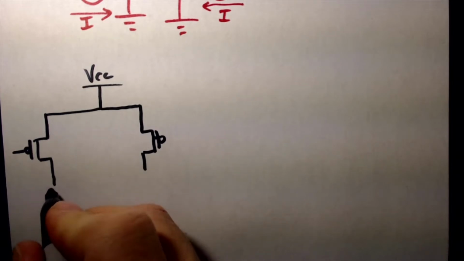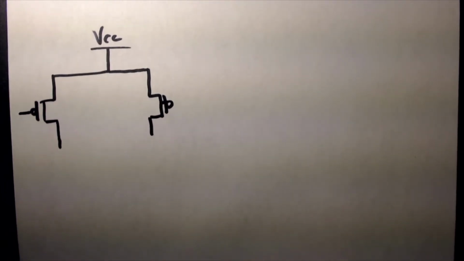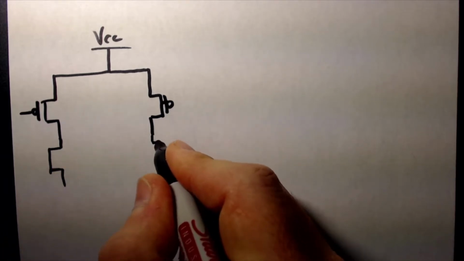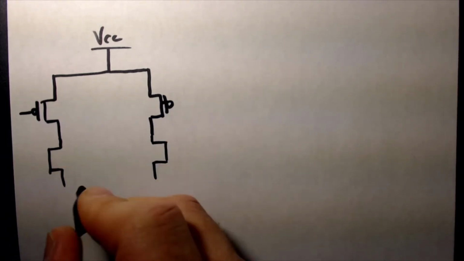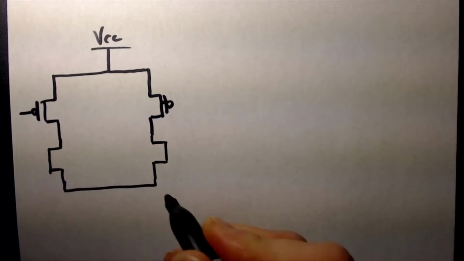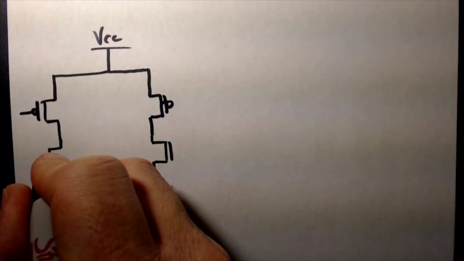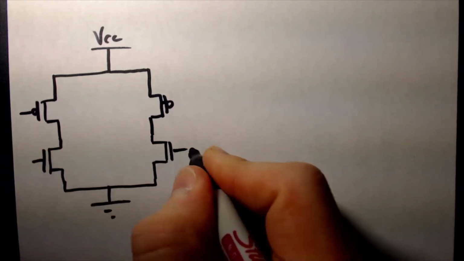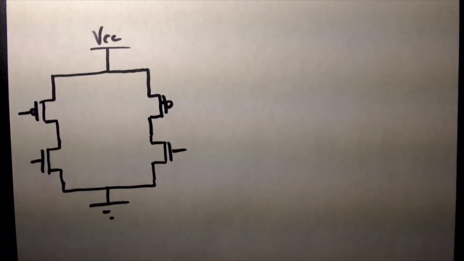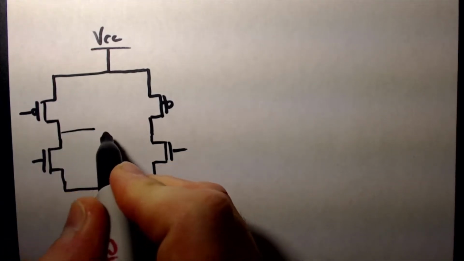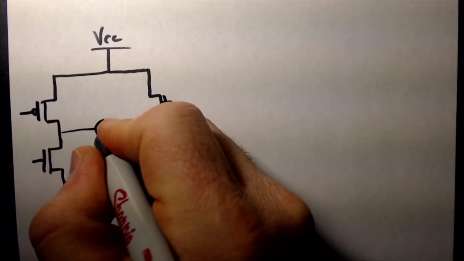And I'm going to place some N-channel MOSFETs on the bottom. And now my motor that I want to get the current to go in both directions through, I'm going to place that in the center.